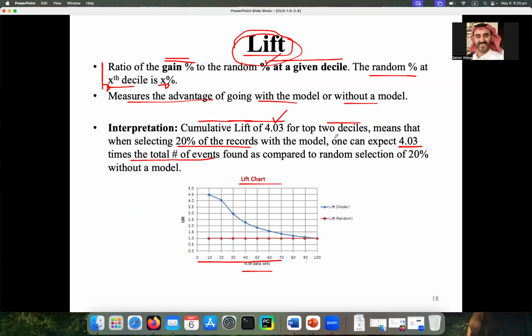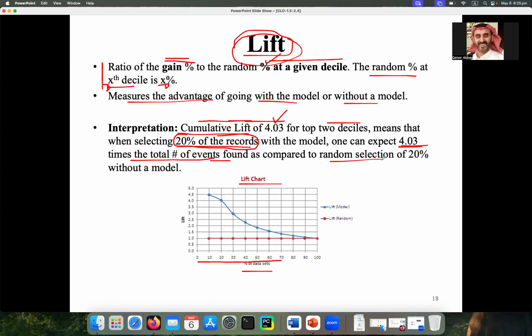Otherwise, what it means is that after the model has seen only 20% of the data set, by looking at the 20% of the data set, this is equal to 4 times the total number of events from the data set. It has seen 4 times the number of events found. As compared to what? As compared to random selection.